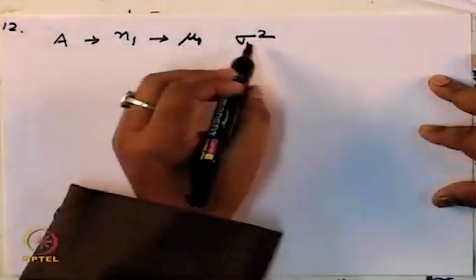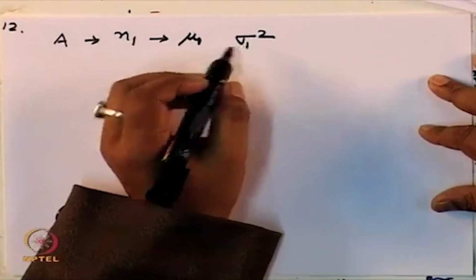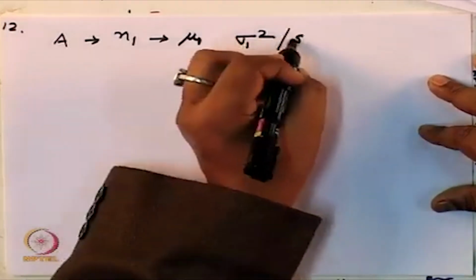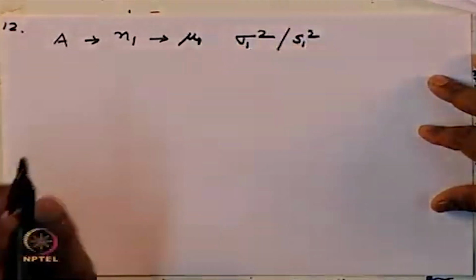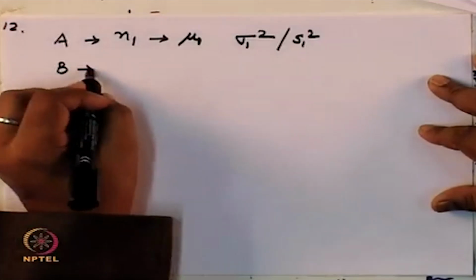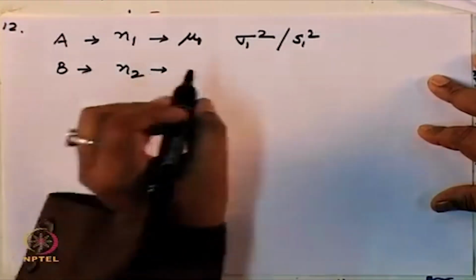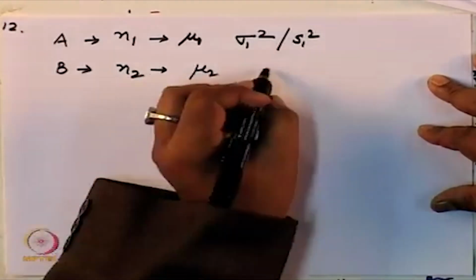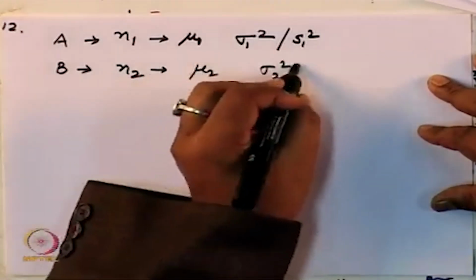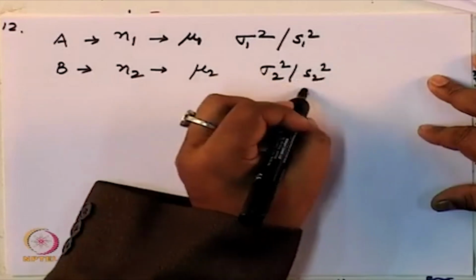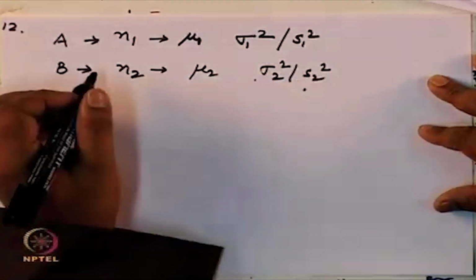If it was for the whole population, this is sigma 1 square, but if it is for a sample, it is S 1 square. Similarly, for drug B, you sampled n2, and the population mean and variance can be either mu 2 and sigma 2 square, or S 2 square if it is for a sample.